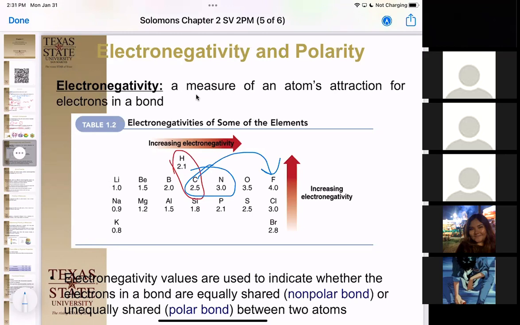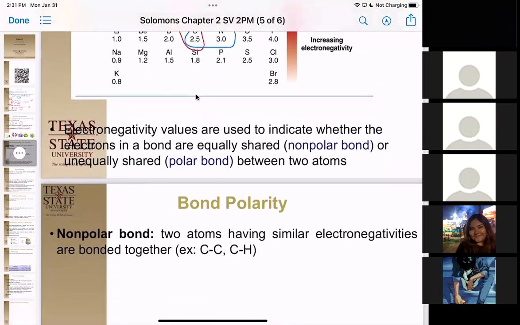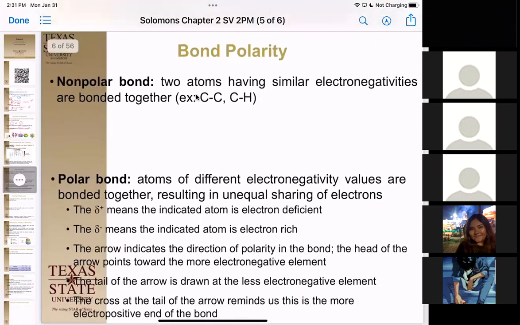Okay, so we understand polar covalent and non-polar covalent. Okay, so it's all about that difference. So how can we use that to our advantage? Well, that means that we can talk about bonds having equally shared electrons between them if they have these non-polar bonds.